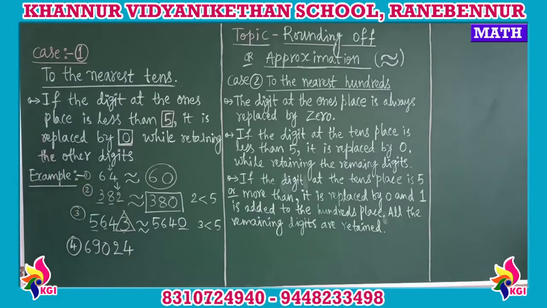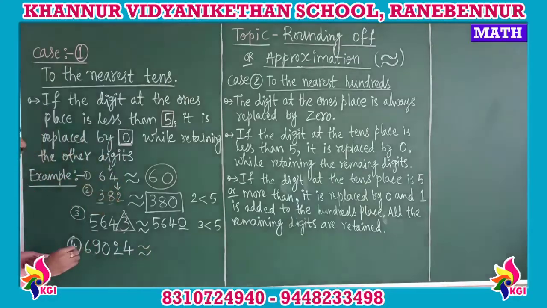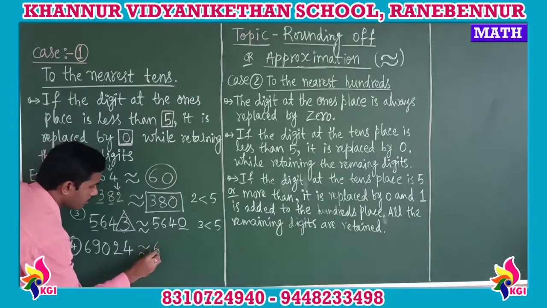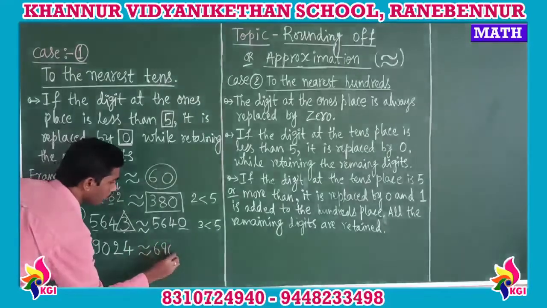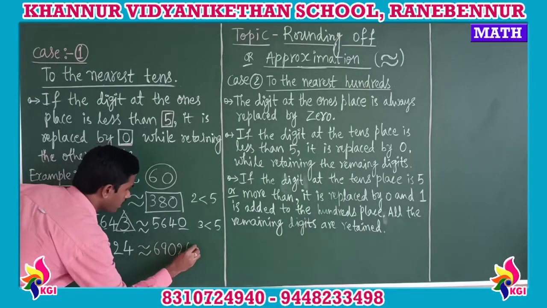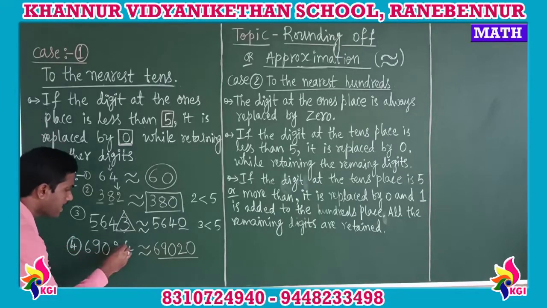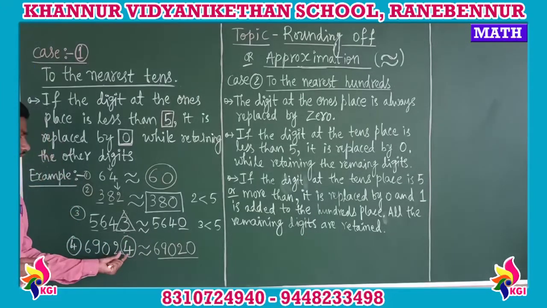Again, I'll write one more example, 69,024. What is the approximate value to the nearest tens? 69,020 is the rounding off to the nearest tens, because you just see the ones place, and in the ones place the digit is less than 5.